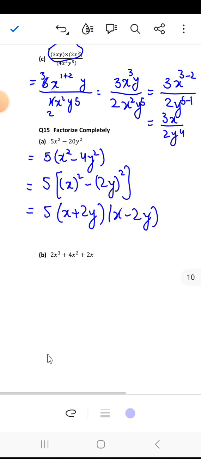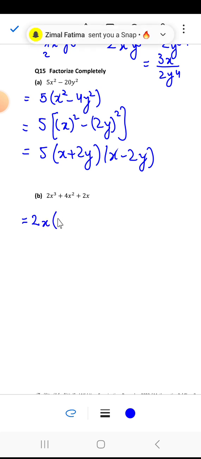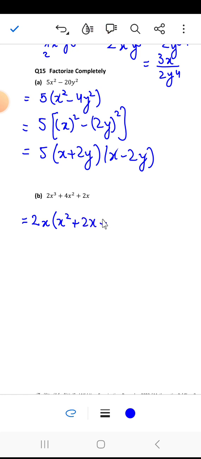Moving on to the second part. I need to be careful about this, that the first thing I can take out is the common. So I can take out 2 from the numbers and x from the variables. So this will be x square plus 2x plus 1. Now there are 3 terms. I can use middle term breaking or I can use the formula.